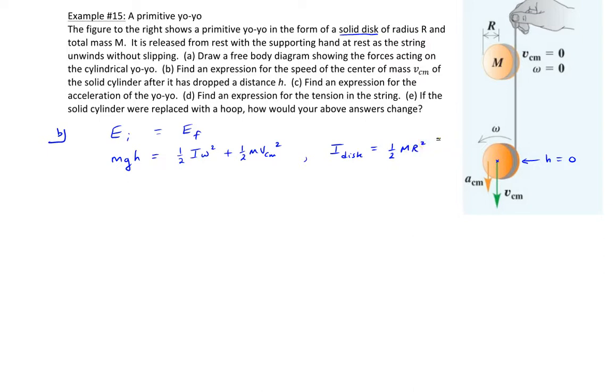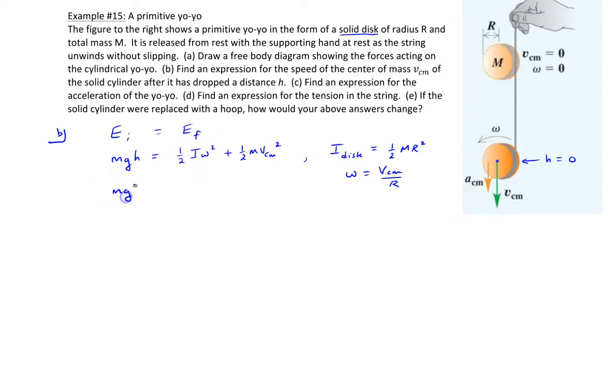It could also be listed as the rotational inertia of a cylinder. It's the same thing. So we're going to replace I with 1/2 mr squared. We also know that the angular velocity is equal to the velocity of the center mass divided by the radius of the cylinder or disk.